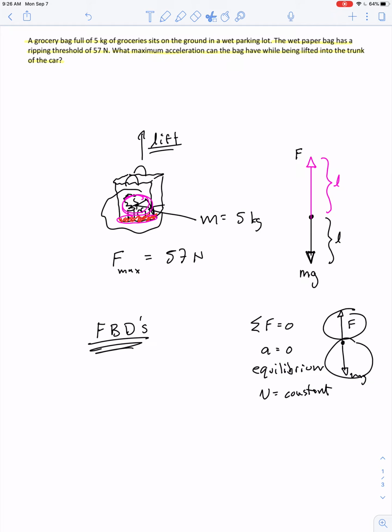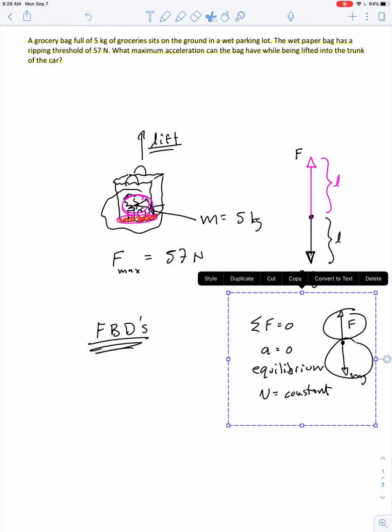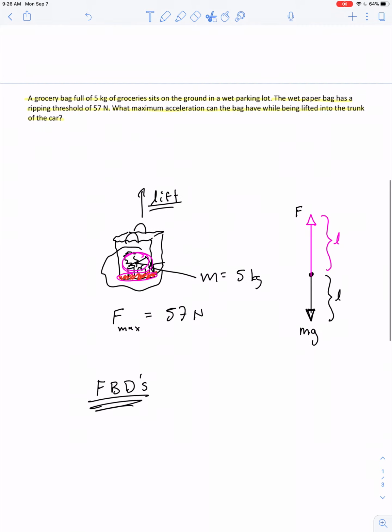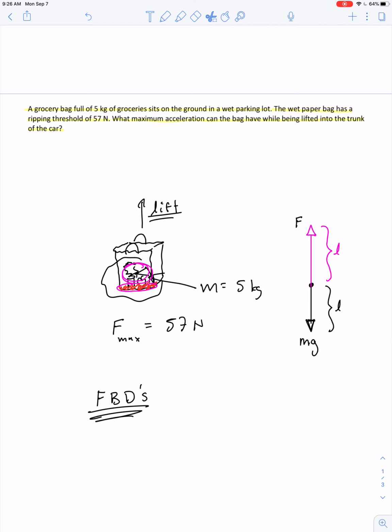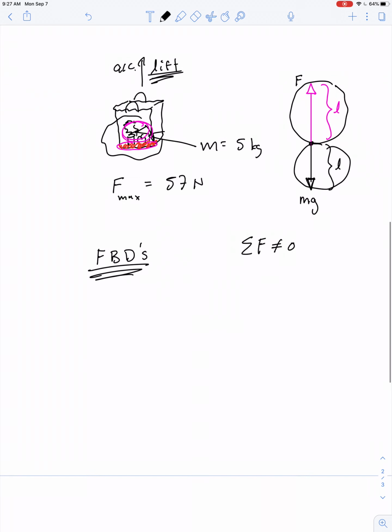Okay, but I'm going to erase all that because that's not the case here. We're told in this problem to figure out the maximum acceleration that you can provide. So if you're going to accelerate the groceries upwards as you lift, then the upward force has to be slightly larger than the downward force, so that the net force is not equal to 0, and we can determine the acceleration.